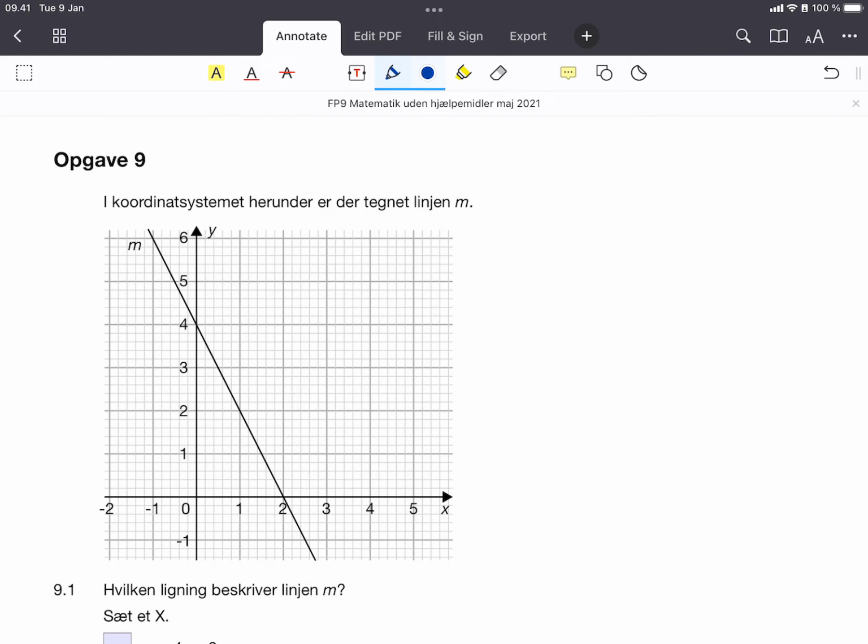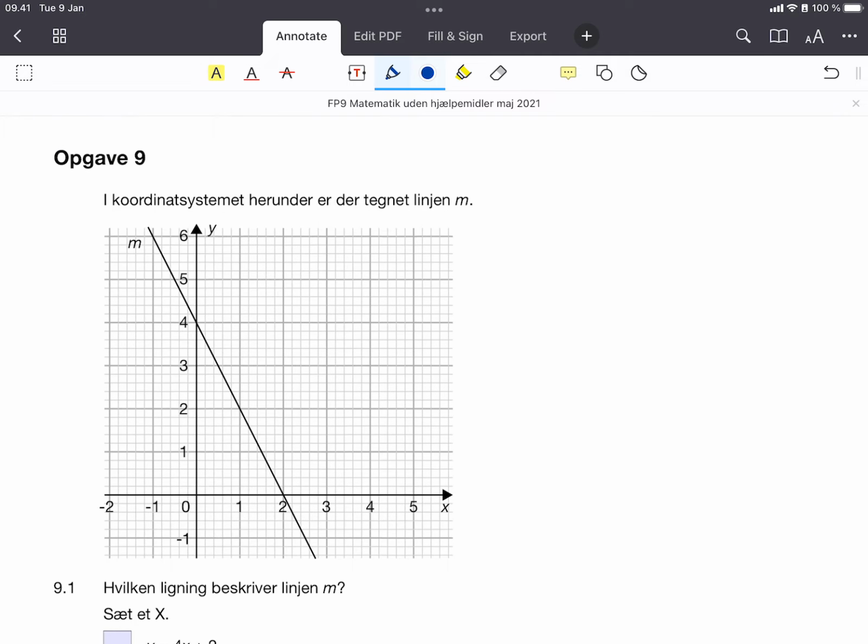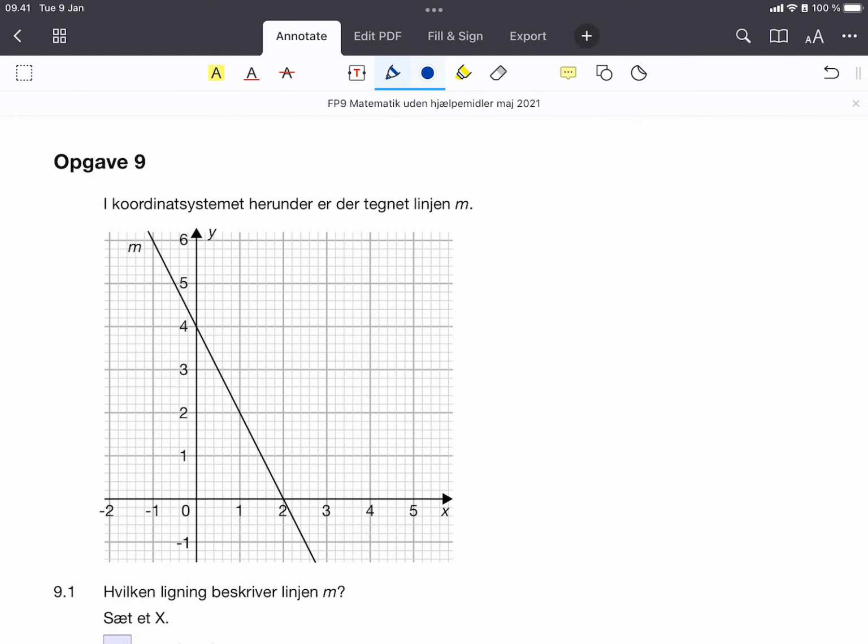Okay, straight line equations. So you've got a straight line, and then what is the equation that describes it? So generally speaking, a straight line is going to be in the form y equals something x plus c, usually referred to as mx plus c. A little bit confusing there because they've called the line m, but we'll ignore that for the minute.